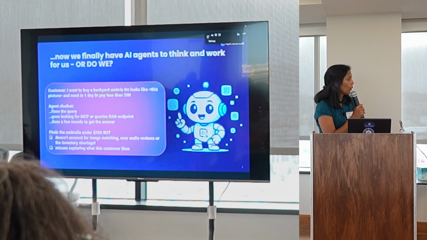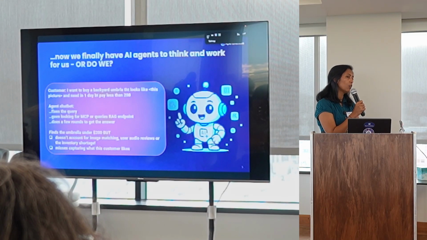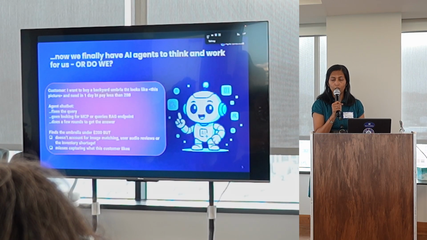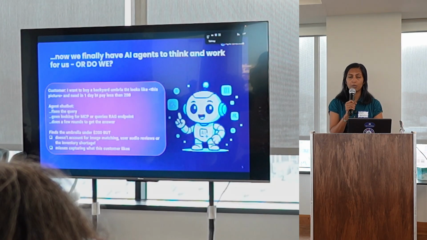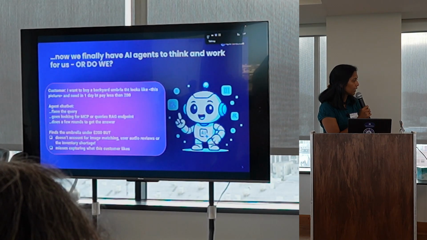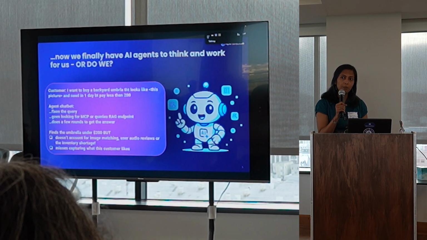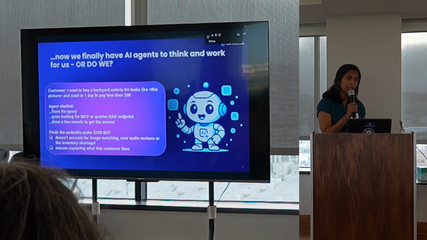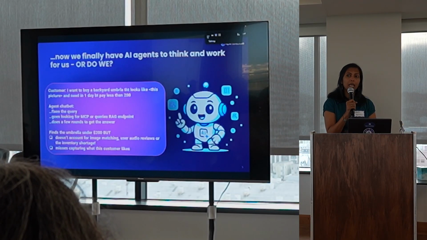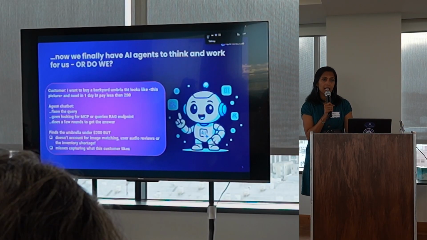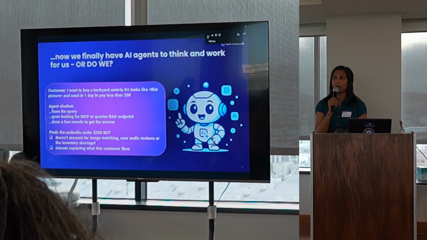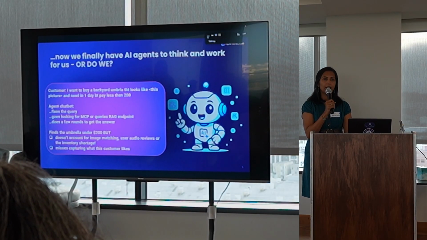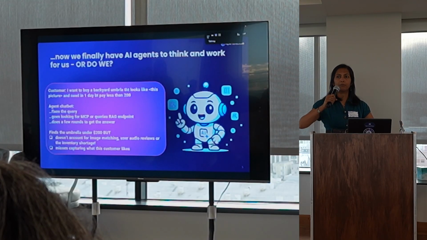But what's missing is, even though it was able to find umbrellas under 200, it is not exposed to all the data that actually goes into fulfilling an order, which means inventory management information. Maybe there is some user feedback that it didn't account for, and maybe the customer asking the question has in the past provided some preferences, like maybe they only like blue color stuff, or really large umbrellas.